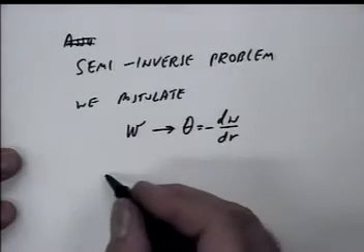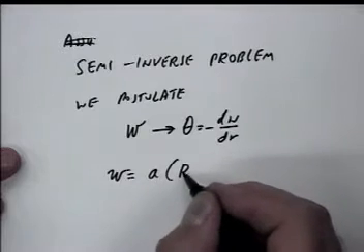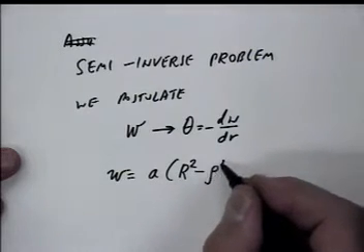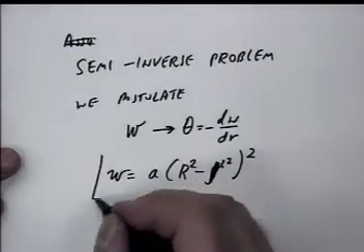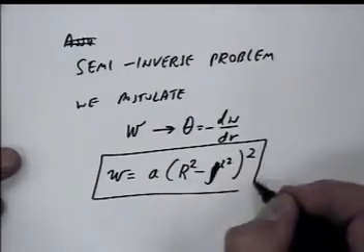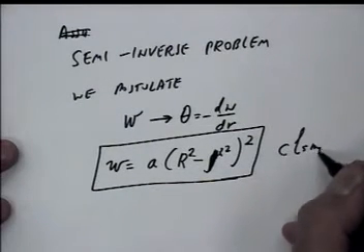For example, W equals some A times R squared minus small r squared, squared. Now that is for the clamped case.